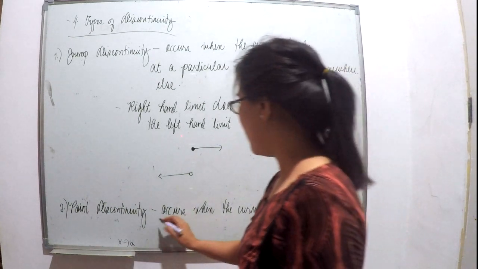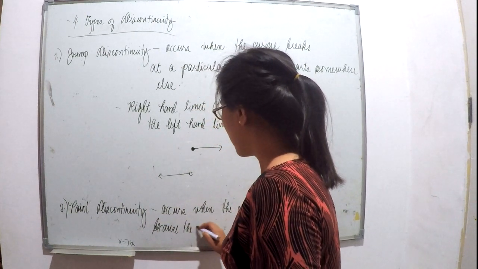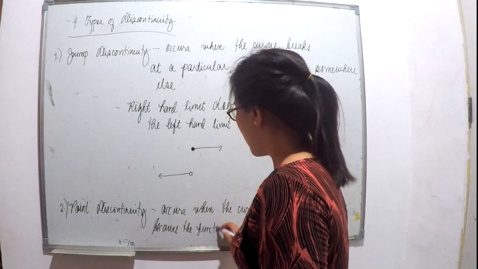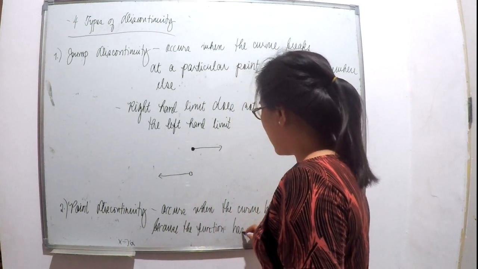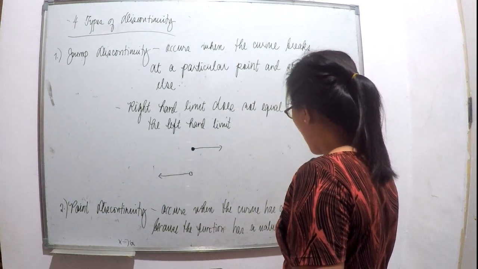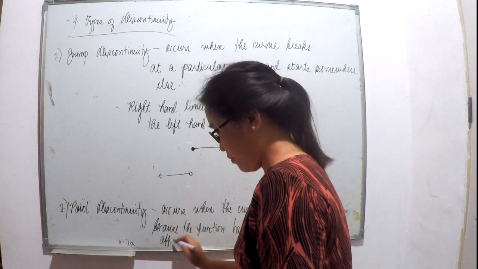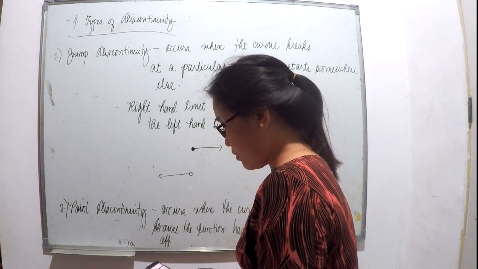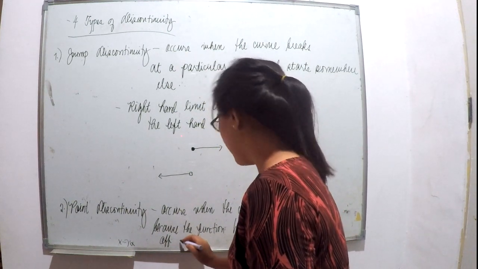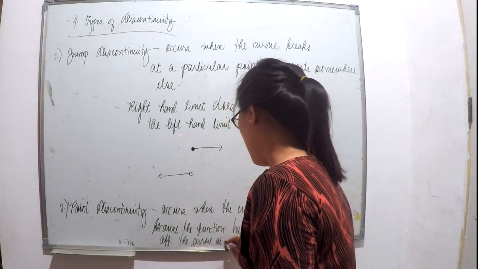Because the function has a value that is off the curve at that point.